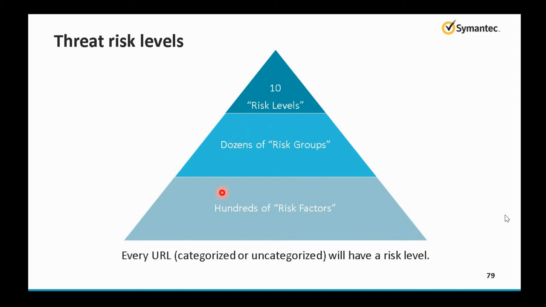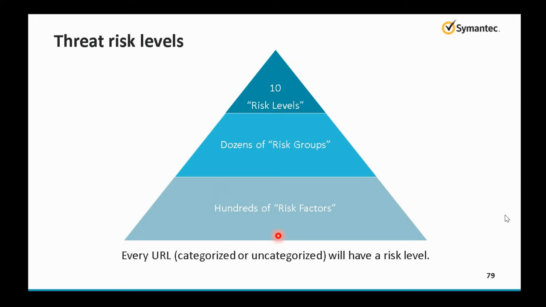But if you are trying to access, let's say, an internet banking website, a brokerage website, a trading website or a health-related website, those websites are of low risk. So those websites might fall under risk level 1 or risk level 2.